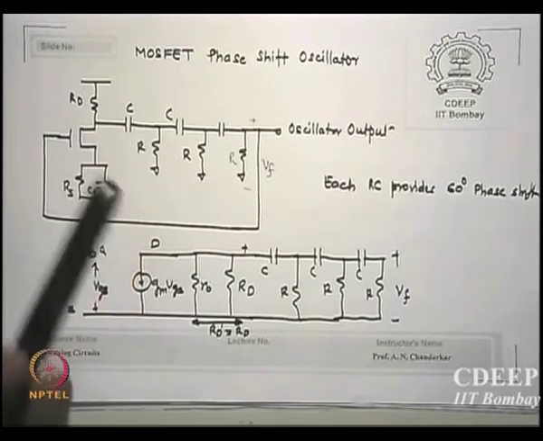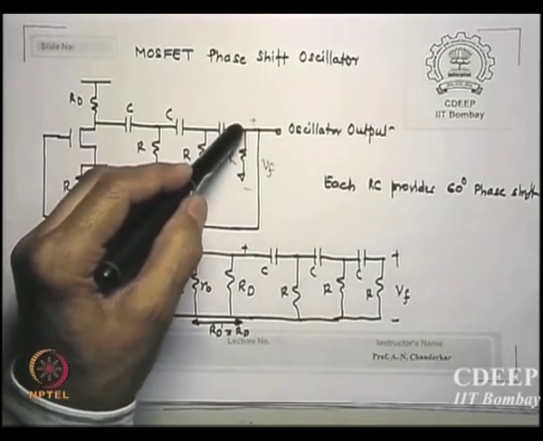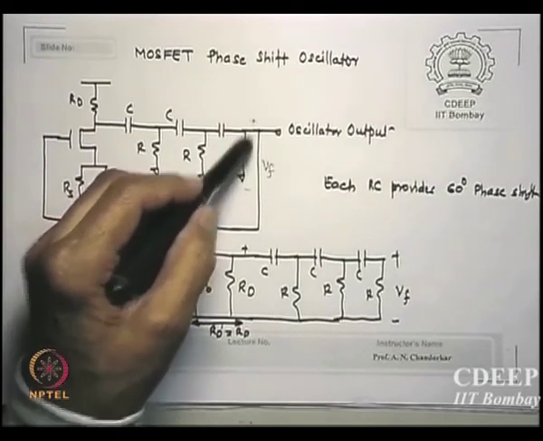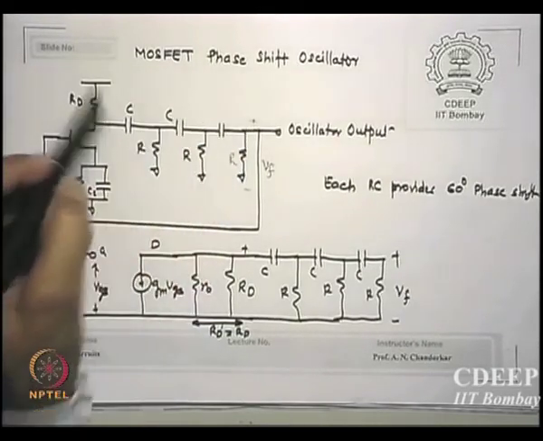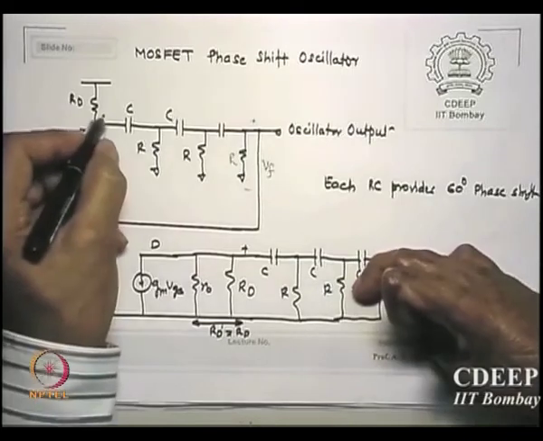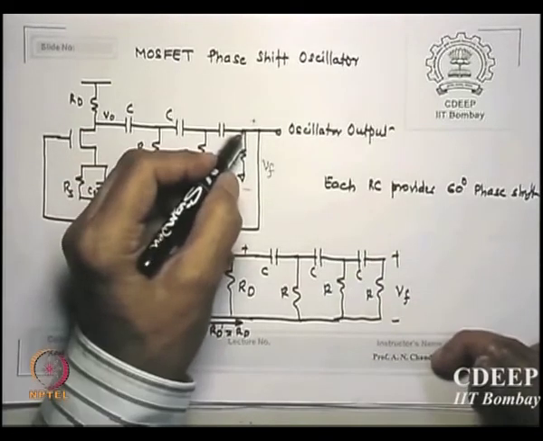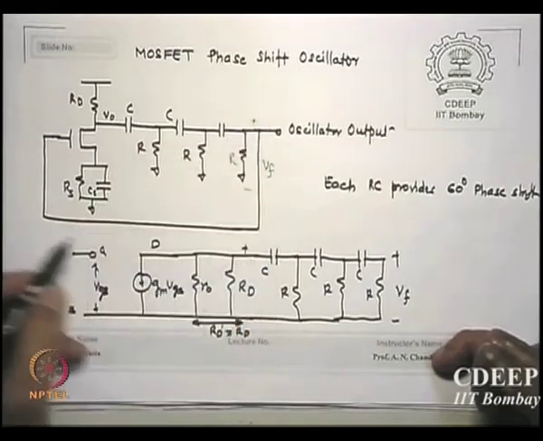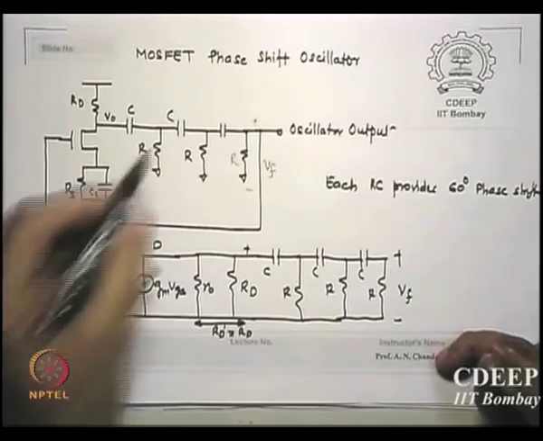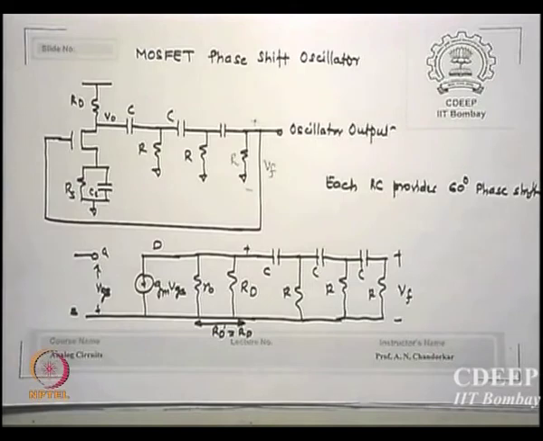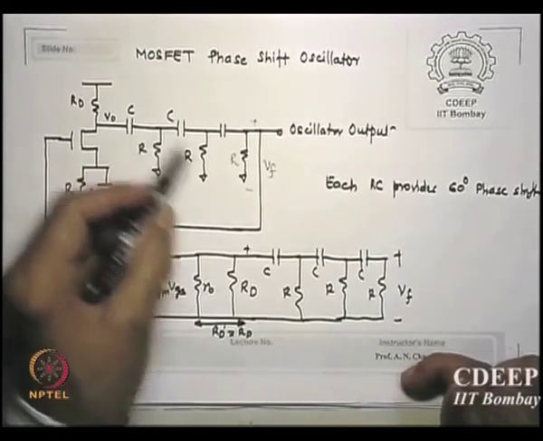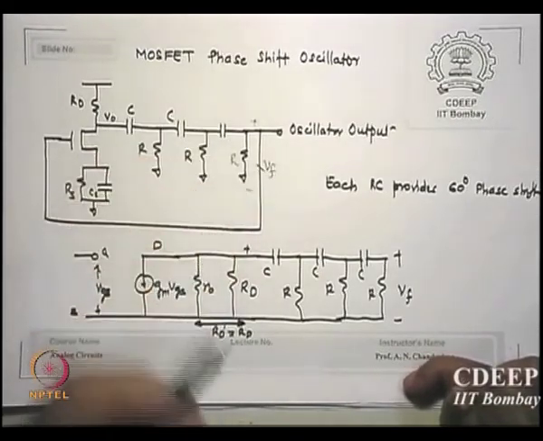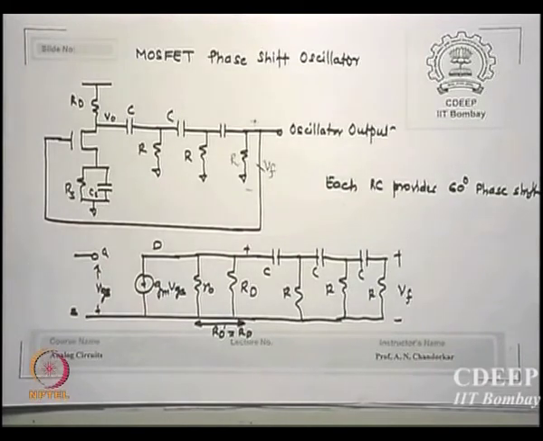So obviously you can see the voltage drop across this R, remember, this is my V0, and this is my VF. Whatever voltage is here is returned to this. Now the criterion for oscillation should be that each RC, CR section should give you a 60-degree phase shift.